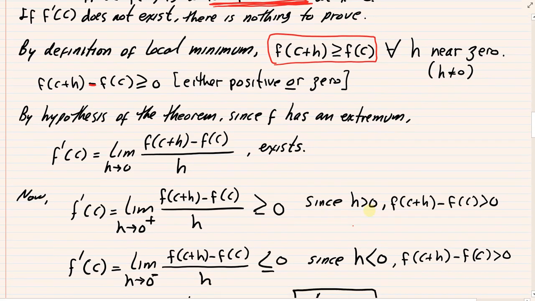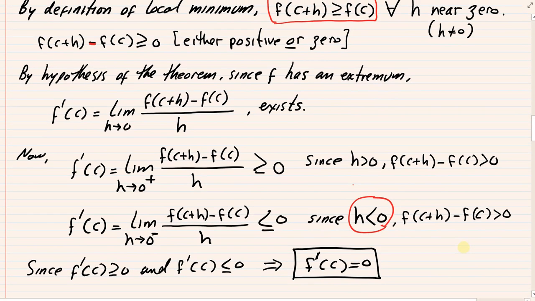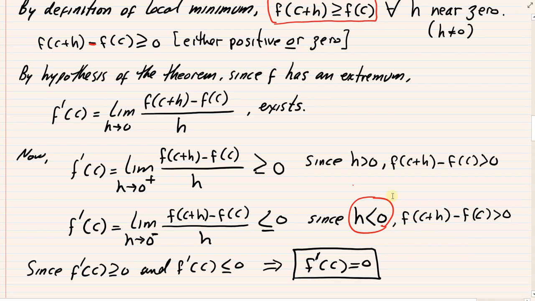On the other hand, for f prime at c, if I approach h from the left, we know h is negative, and the numerator, we just said earlier, is positive. So we have a ratio of positive to negative, which will be negative in this case. From the first part, we established the limit is greater than or equal to 0, and then with h going to 0 from the left, we established that it's got to be less than or equal to 0.